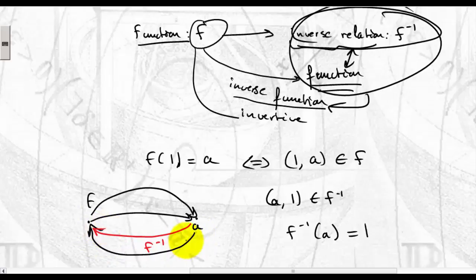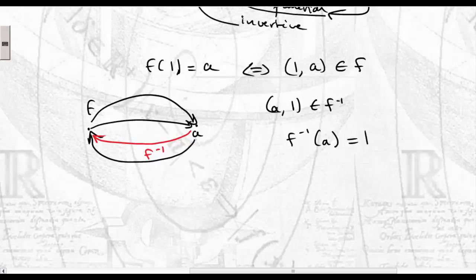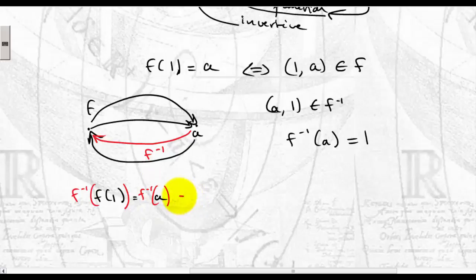This is a very important property of inverse function, but let's get a couple more right here, okay? So suppose you take 1 and you bring it to a with f. Now this is a, right? So what happens if on both sides you apply f minus 1? f inverse of a, and you find what? f inverse of a is 1.